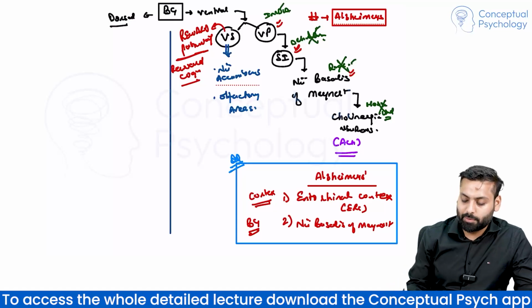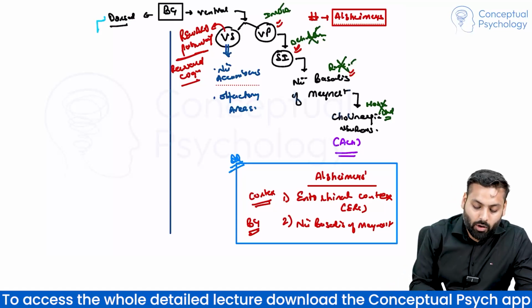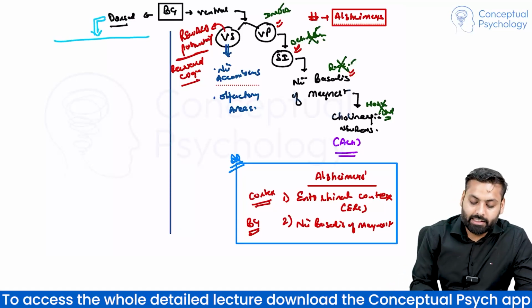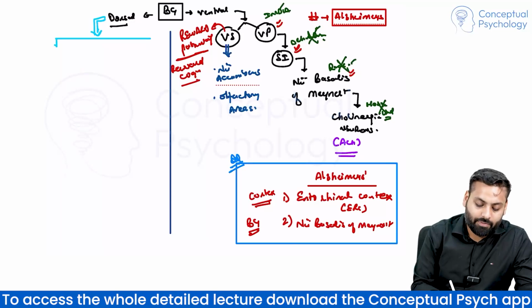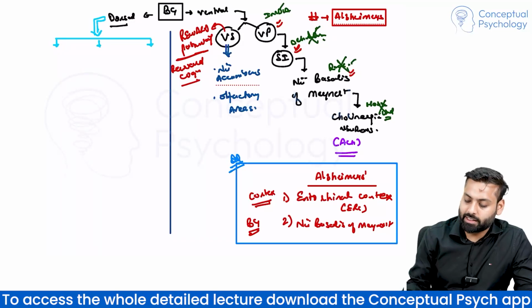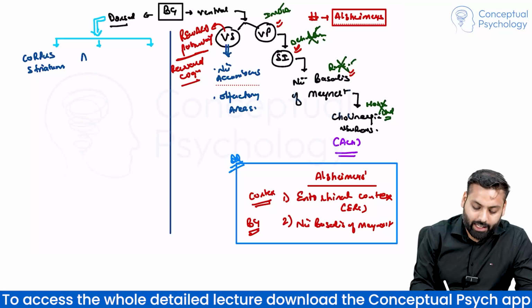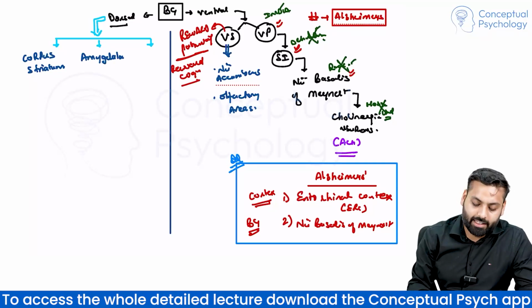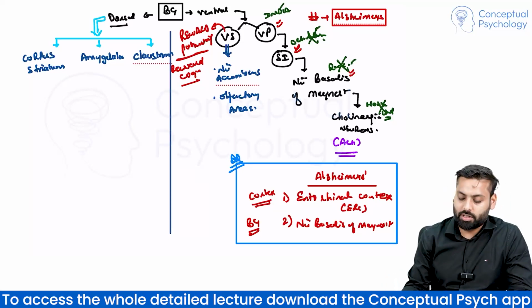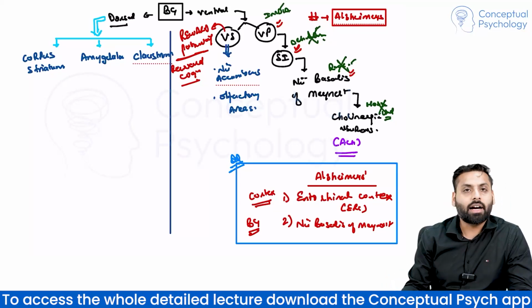Now comes the dorsal part, and dorsal part you have to take care of anyhow. See, dorsal part of the basal ganglia comprises three main areas. One is corpus striatum, other is amygdala, and the last is claustrum. Fine? Understood?